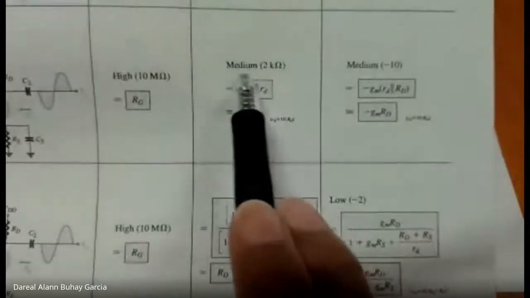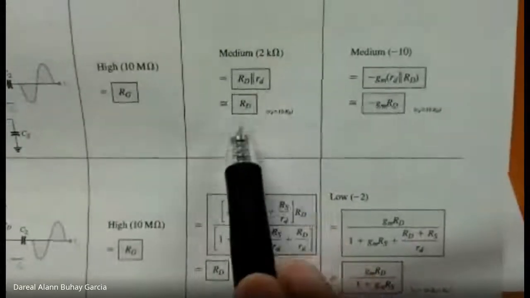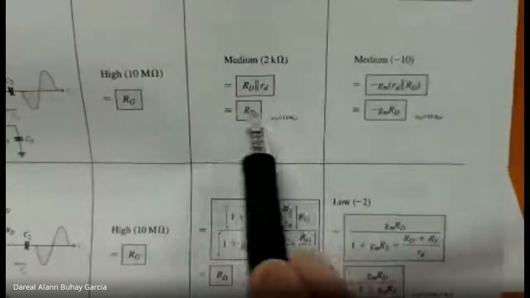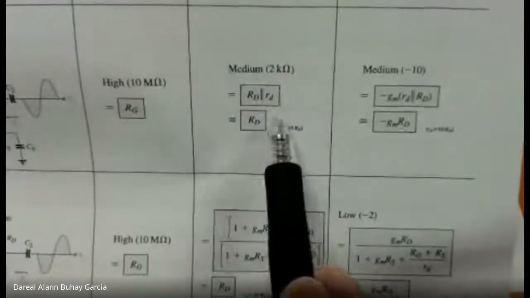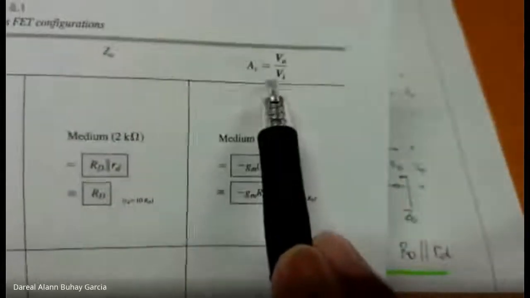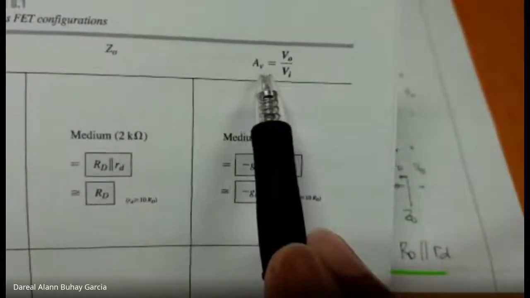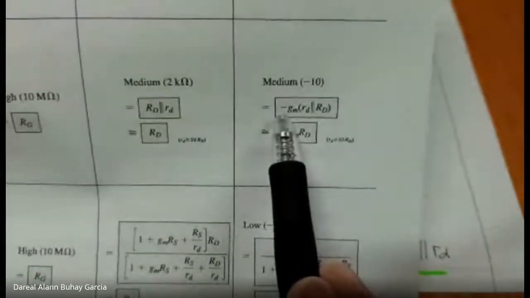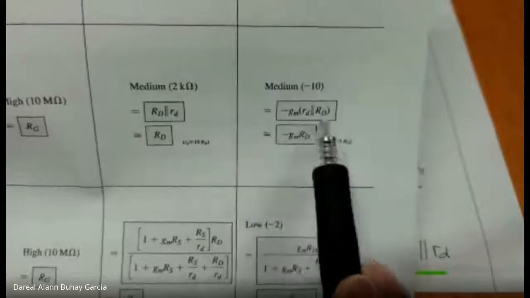Output impedance, RD parallel rd. Pwede lang approximately equal to RD if masatisfy na yung condition. Usually, pwede na natin na i-ignore para ma-incorporate yun si small rd. Kanya itong gamitan. Voltage gain is this one. Negative gm, RD parallel rd. Okay?